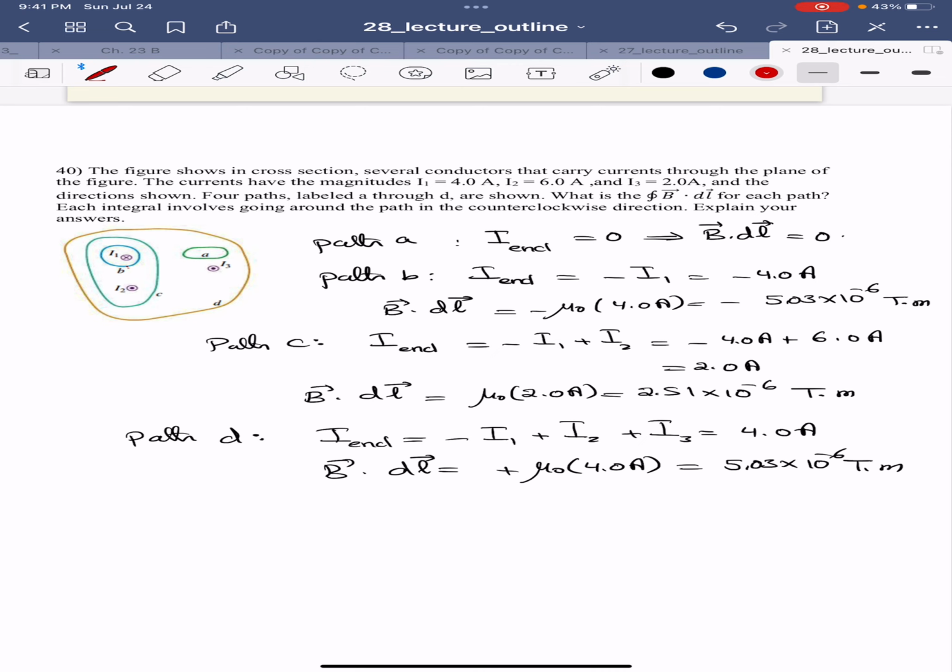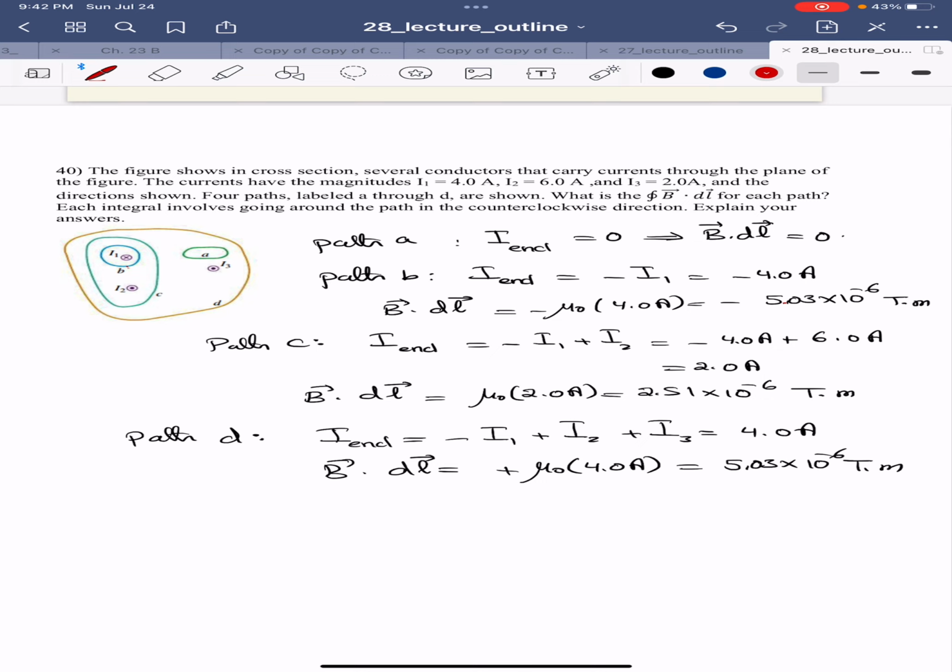And that is the answer here, 5.03 times 10 to the negative 6 tesla meters. For path C, the enclosed current: we have two currents, one of them negative, which is I1, and one of them positive. Then negative 4 amperes plus 6 amperes is going to be 2 amperes.